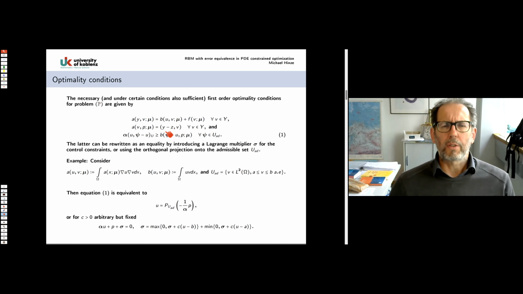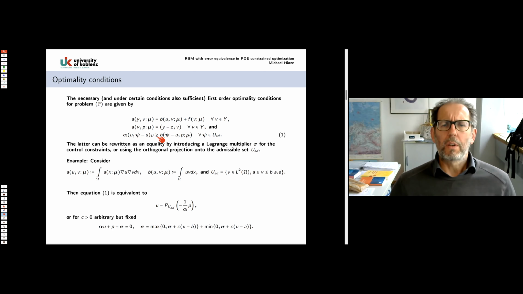So the adjoint equation is driven by the observation, or by the mismatch in the observation. And then there is what is sometimes called the gradient equality or inequality, which accounts for the fact that the control is optimal. And then the optimal control is coupled to the adjoint state. That's the classical situation one has.